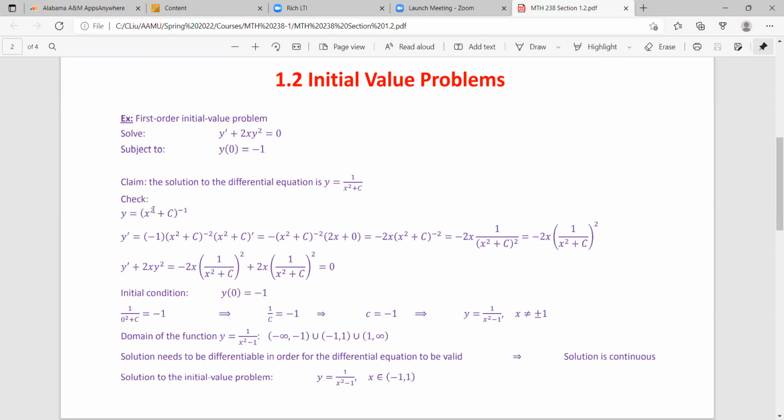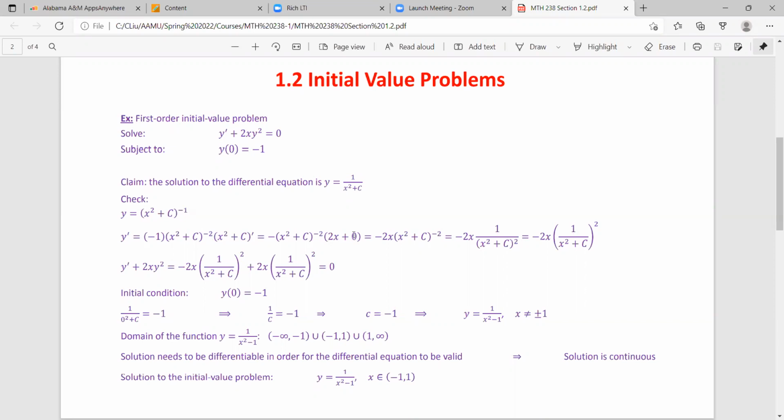But then remember, x squared plus c is a function of x, so you have to use the chain rule to find the derivative. So you need to multiply by the derivative of the function x squared plus c. If you remember from Calculus 1, for x squared you get 2x from the derivative, and the derivative of the constant c, you get 0.